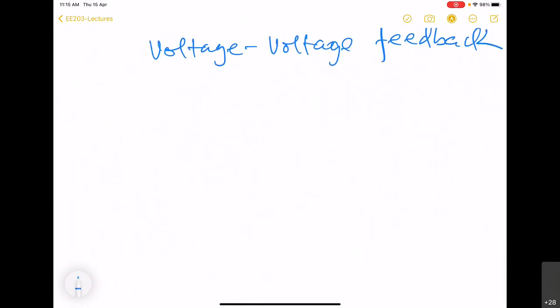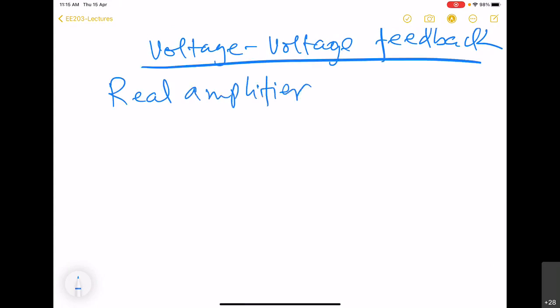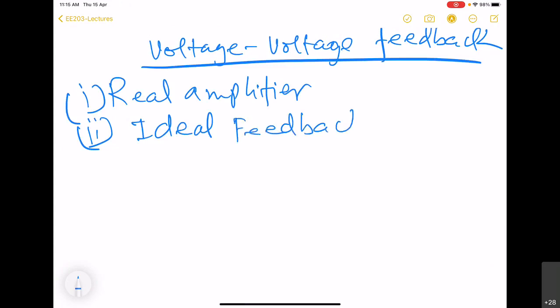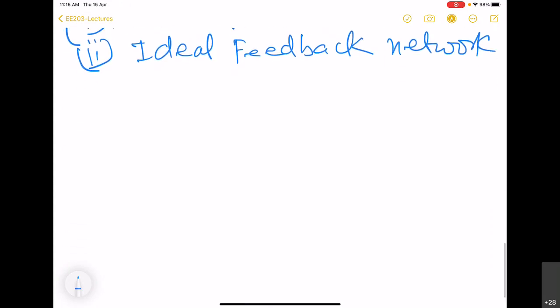So we are going to take a real amplifier, but we will take an ideal feedback network. But later on, we will make this feedback network also real, and we'll see what is the overall impact.